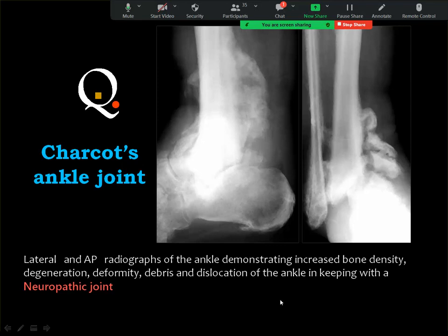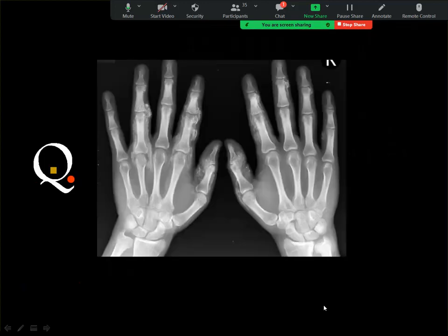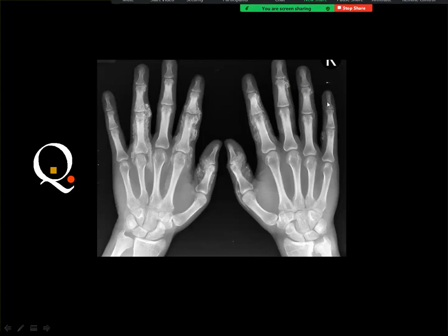All these are known as neuropathic joint, or the Charcot joint, which is the sequela of decreased blood supply, decreased sensation, and superadded infection, which are commonly seen in diabetic persons. Next case is an X-ray of the hands.